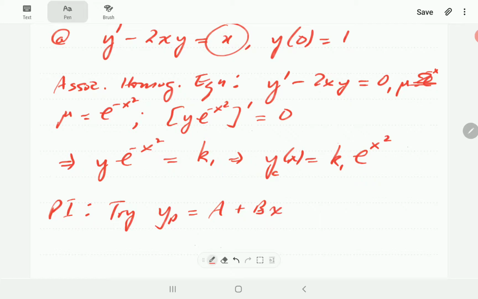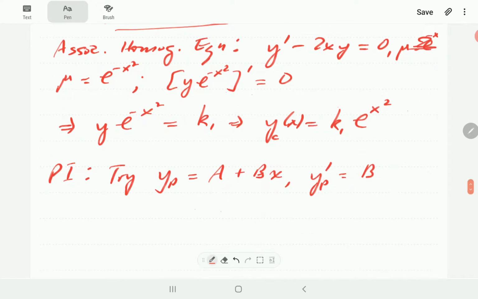So we're going to let yp be a plus bx. We have got a first order derivative in this ODE here, so we need to find the first order derivative of yp, which is going to be b. Then we substitute into the ODE.